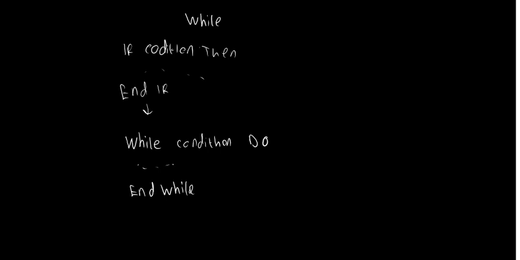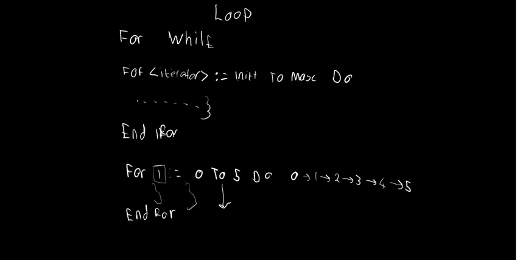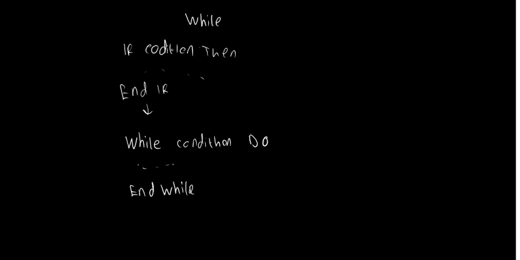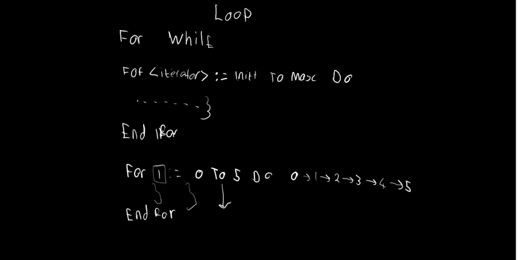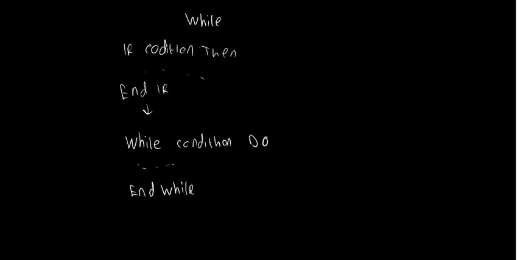The only difference between these two loops is that the for loop we use mostly for iterating values, but the while loop can be used for anything. It can be whether we're reading a certain value, etc. If you want to use it in a similar way to our for loop, you would do as follows. First of all, you have to declare your iterator outside.